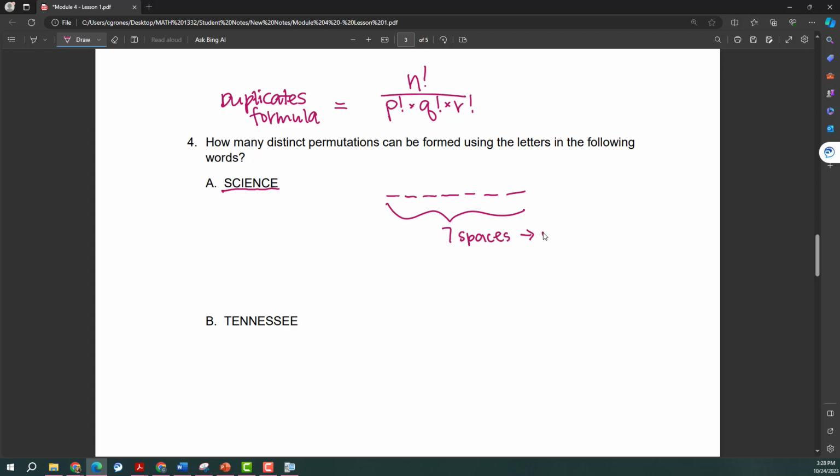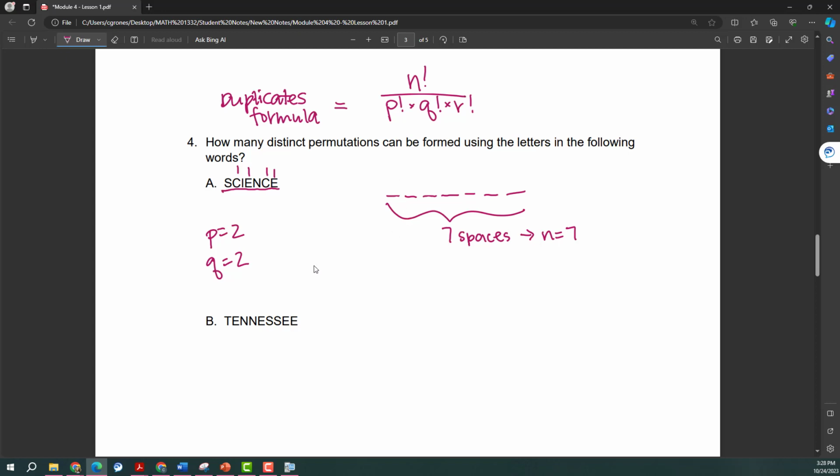So n is going to equal 7. The duplicates in this case are the letters that are duplicated. So we've got C in there 2 times and we've got E in there 2 times. So in this case, we don't use all of p, q, and r. We're just going to have p and q. So p equals 2 and then q equals 2.